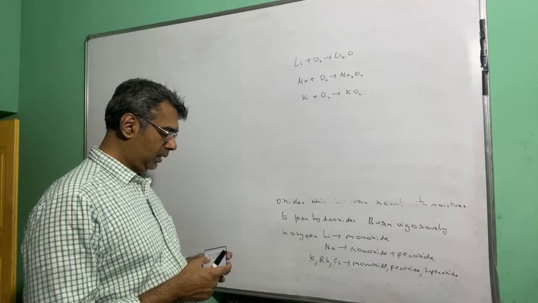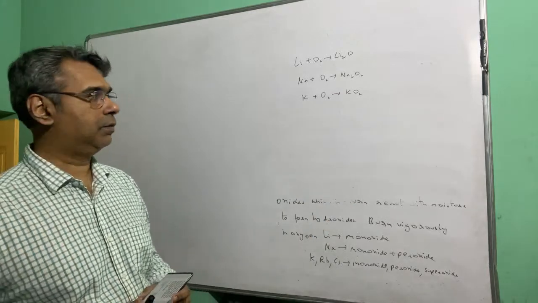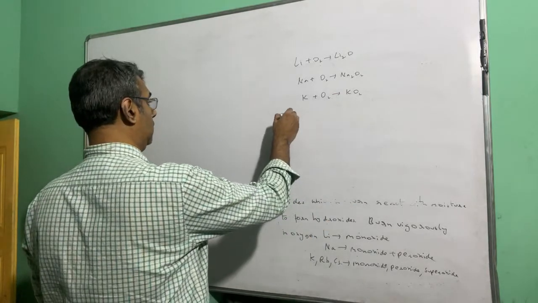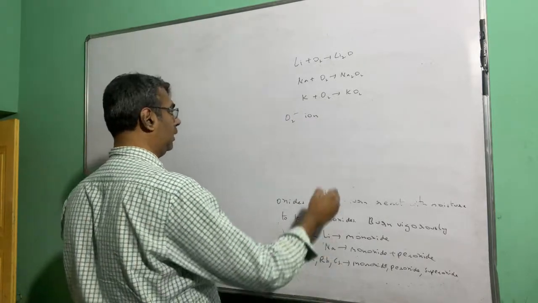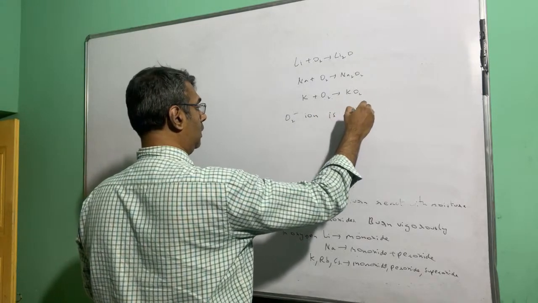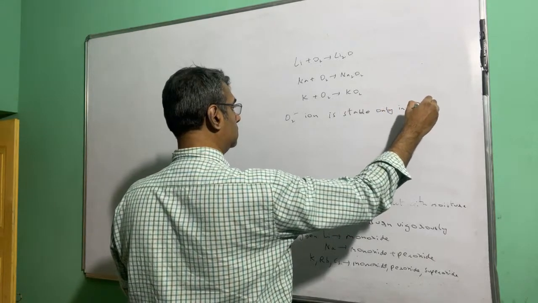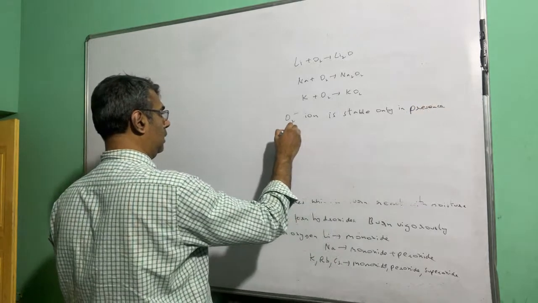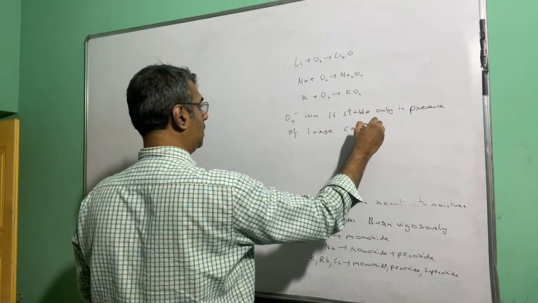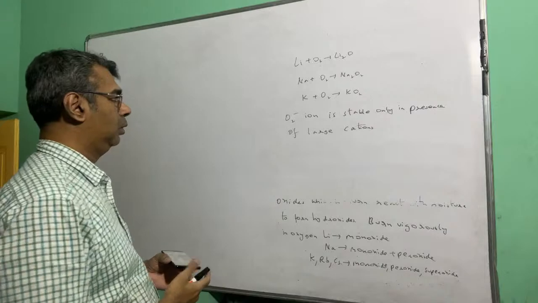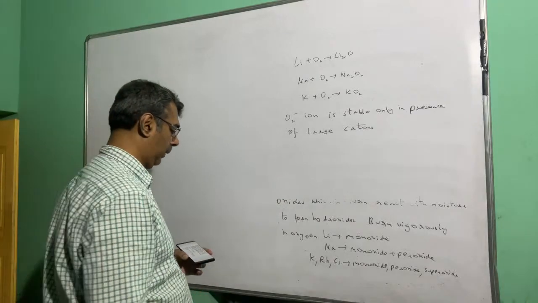The question is why lithium and sodium cannot form superoxide. The O2- ion is stable only in the presence of large cations. That is the reason.